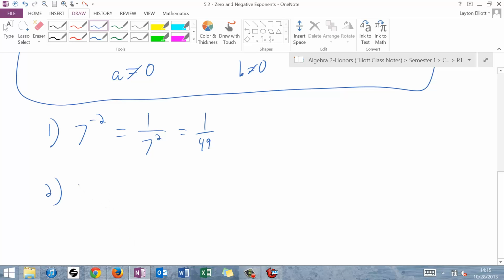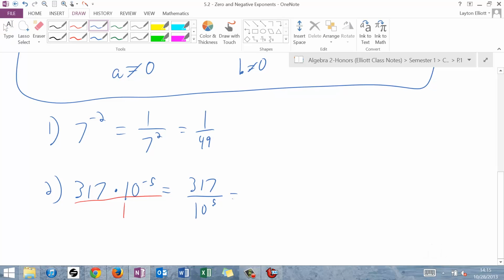If I go 317 times 10 to the negative 5, which is a version of scientific notation, because I don't have a decimal point on the 3.17, that's the same thing as, treating this as drawing a fraction bar and putting this over 1, 317 to the first power over 10 to the positive 5th power, which is 317 over 10,000.